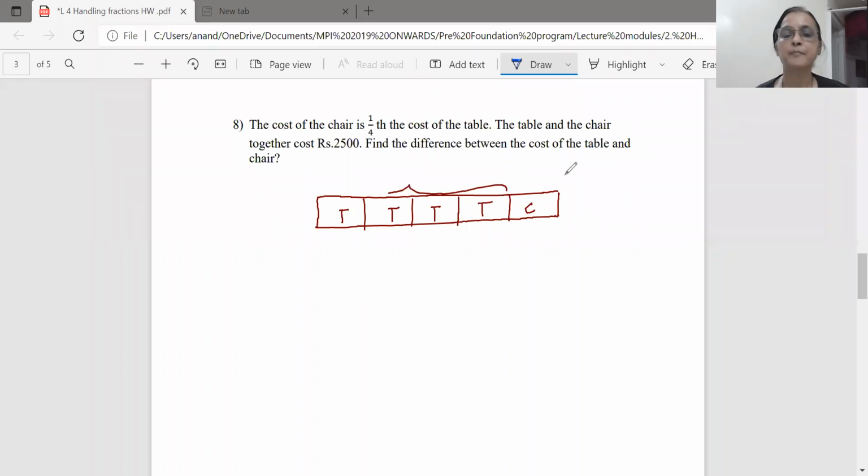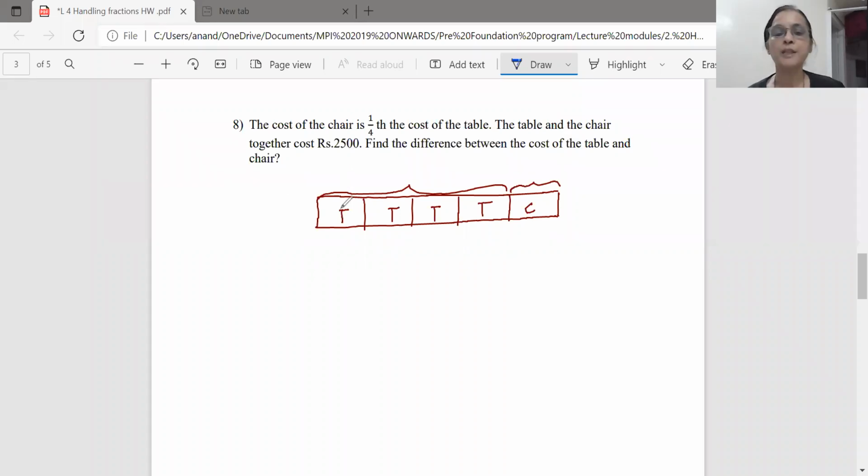So this is my chair, and table and chair together cost 2,500.